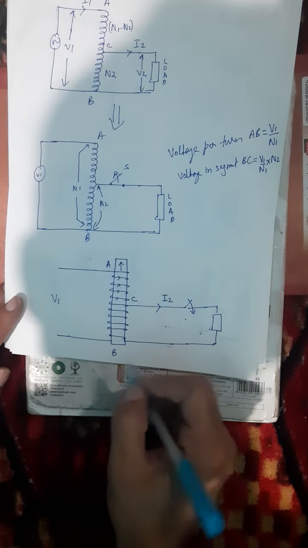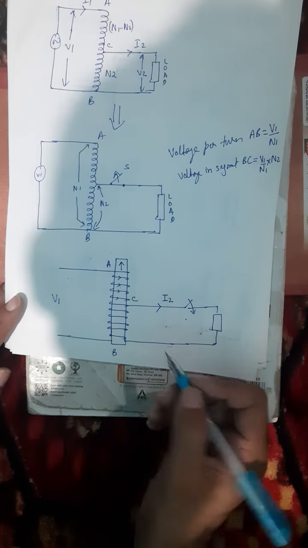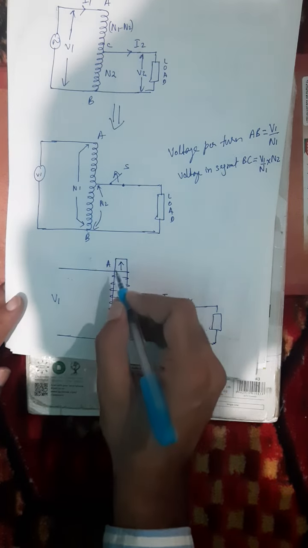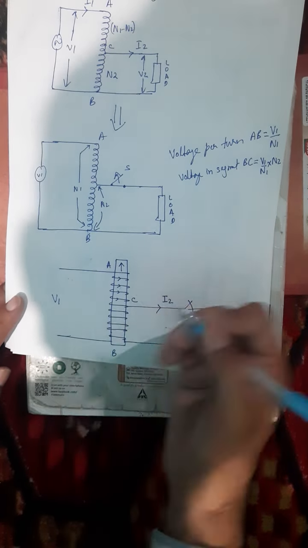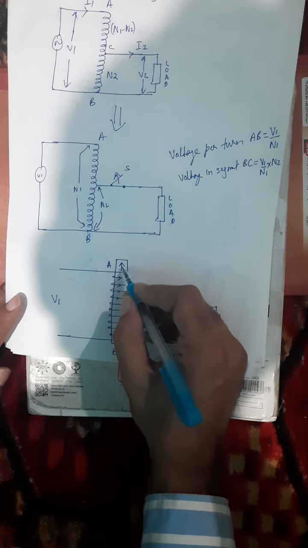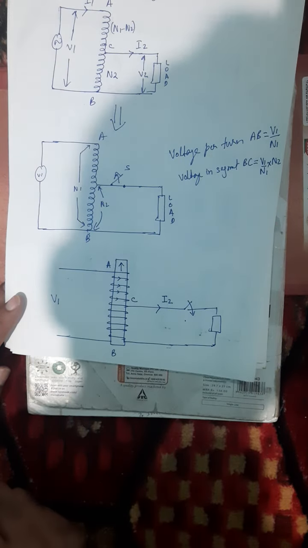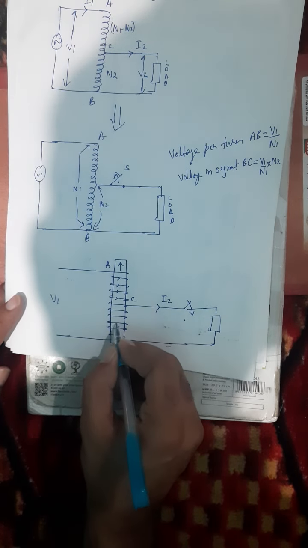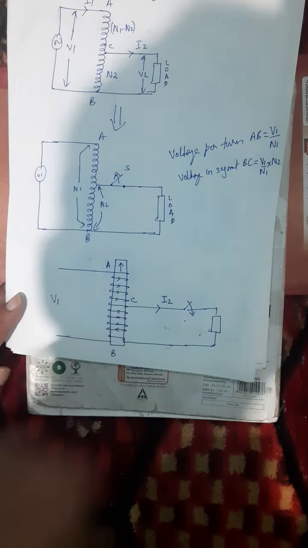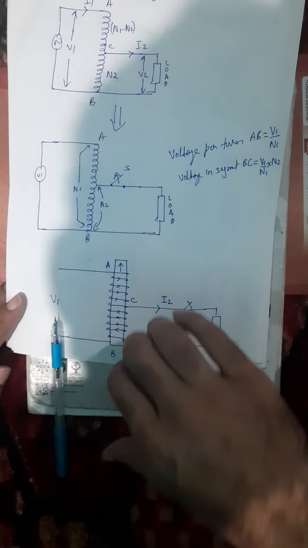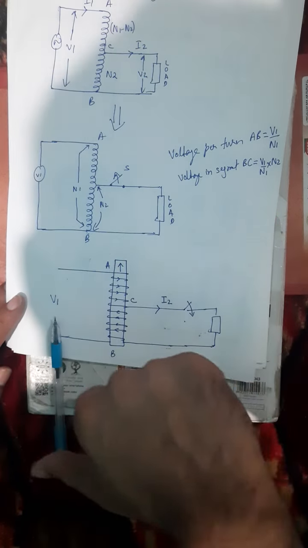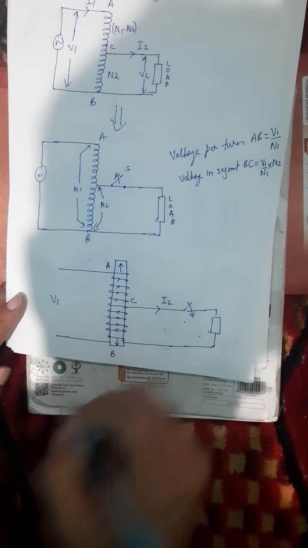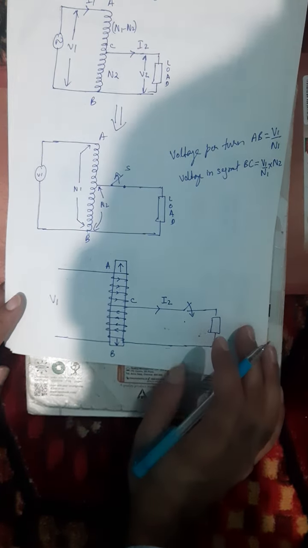That is only possible if the current I2 produces a flux in the downward direction. For that, the current I2 should flow in this direction. It is simply Lenz's law, nothing new.